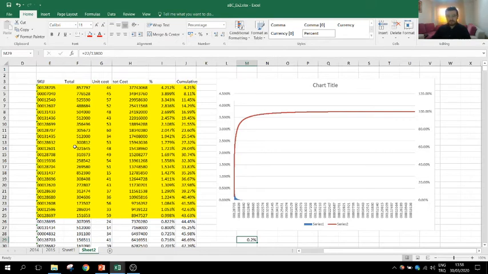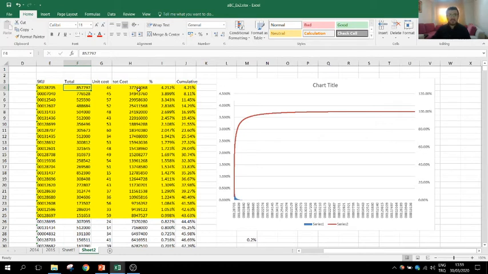So then I also did the same analysis. Now I considered their total cost. I used the unit cost of each product, and then according to the number of units they kept in stock, this is the total amount of stocks they kept.